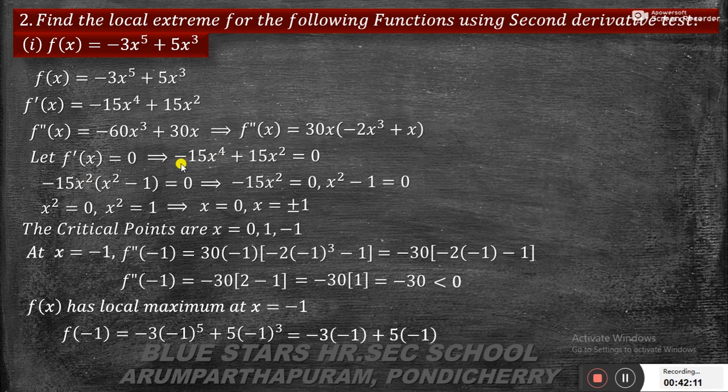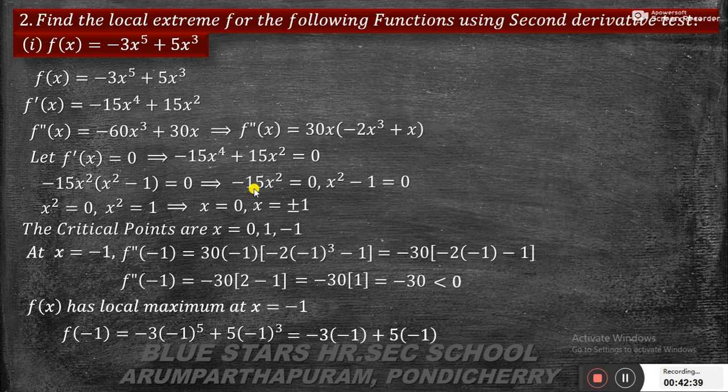From the first term, minus 15x square leaves x square. From the second term, since there was no minus sign, taking out the minus sign changes the sign, so minus 15x square leaves minus 1. So minus 15x square into x square minus 1 equal to 0.